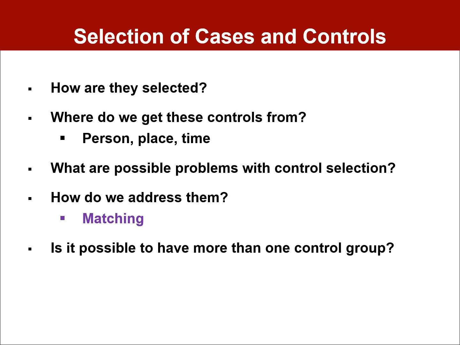They could be selected from the person's family, so we might be able to identify controls from the immediate family, from the same neighborhood, maybe from the same work setting, from the same employer, from the same income bracket, from the same, what's the word?